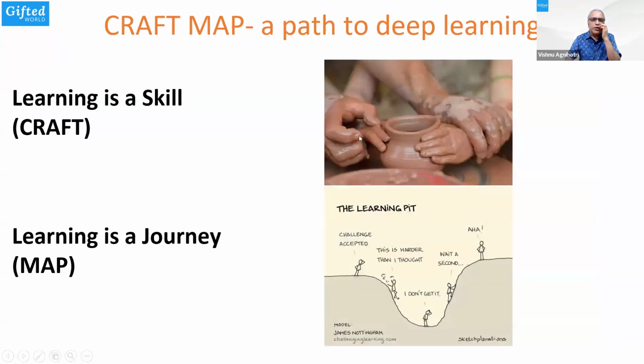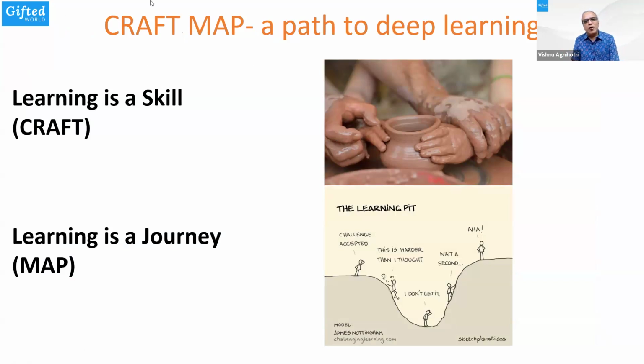So okay, I'm going to give you an acronym to help you remember these 8 points more easily. The acronym is craft map. So learning is a skill. Craft is another word for skill.